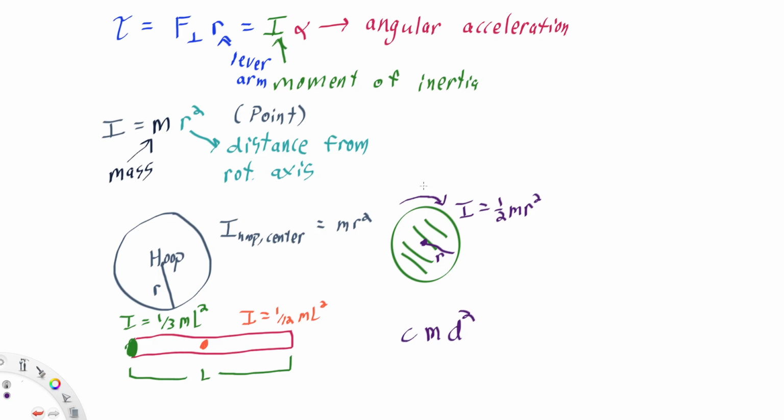What if you wanted to flip it end over end? That's going to be a different moment of inertia. So in general, the full moment of inertia for an arbitrary spin direction is going to be a matrix, actually. But here we're only going to be considering spins around a simple axis in a simple direction.